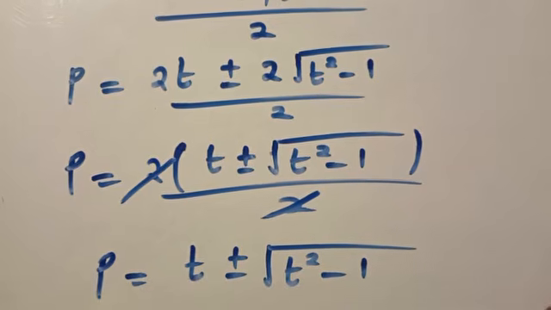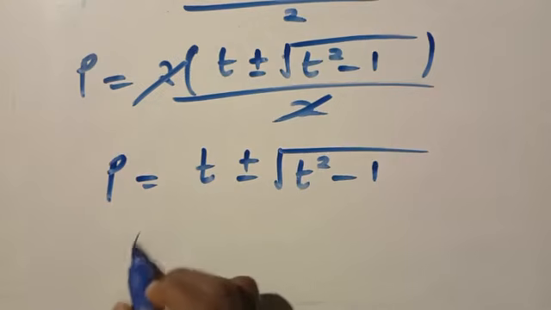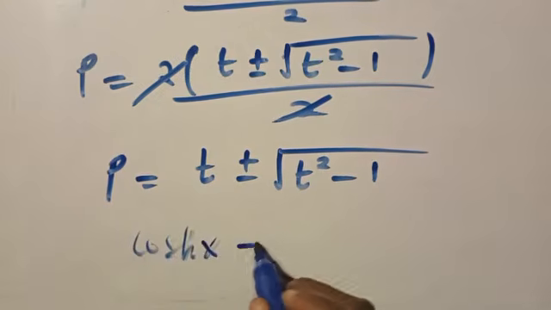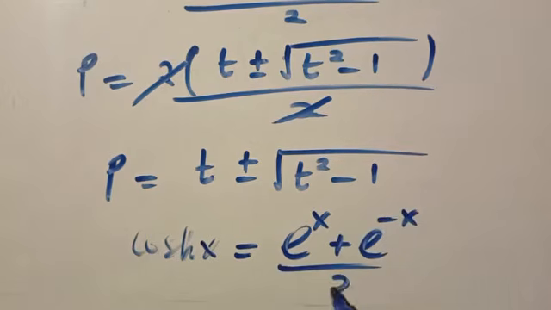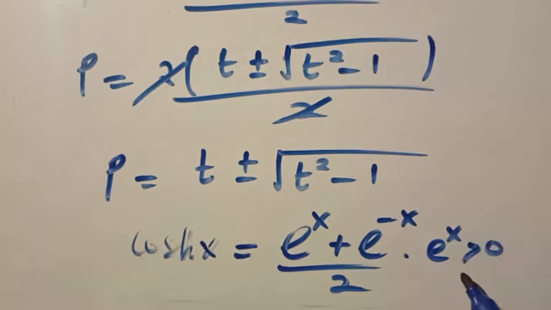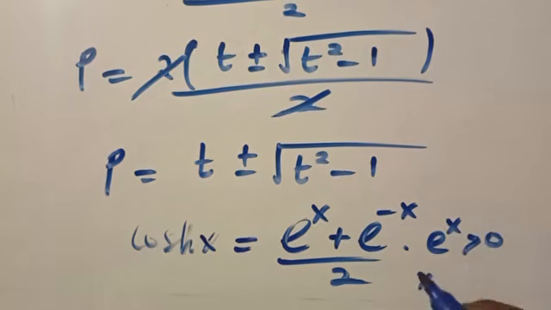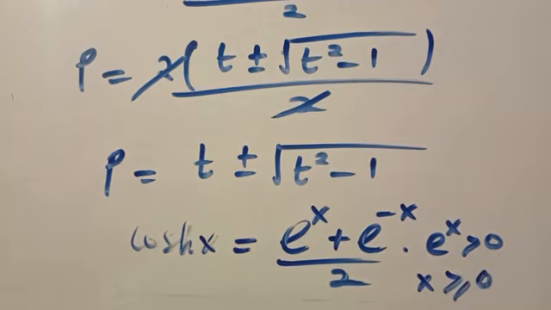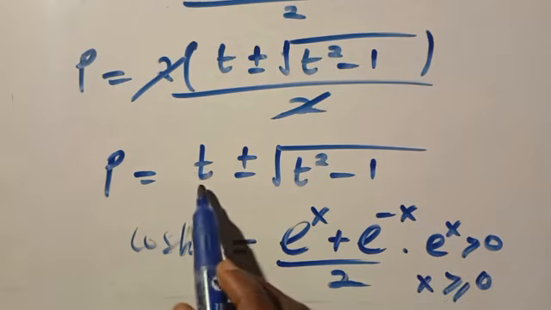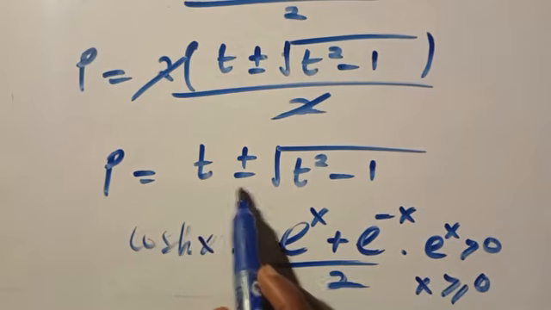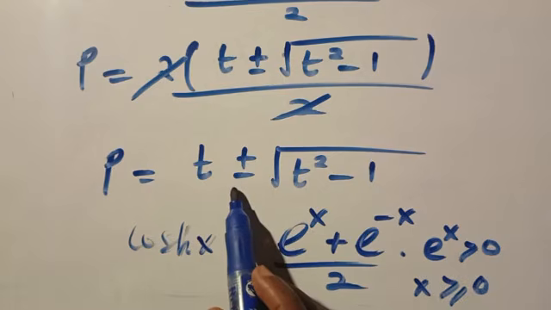But initially, cosh x equals e power x plus e power minus x divided by 2. The exponential of x is always greater than 0, and here is the domain of it. Since we need only the positive value, we don't need anything negative at this point.